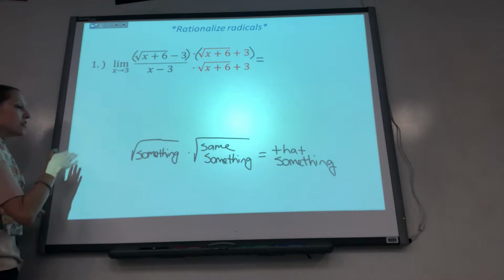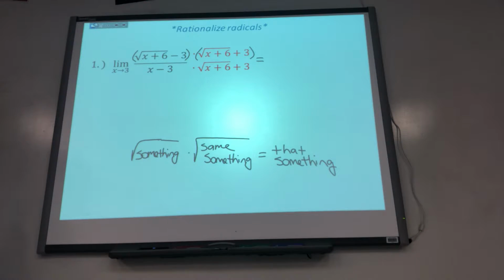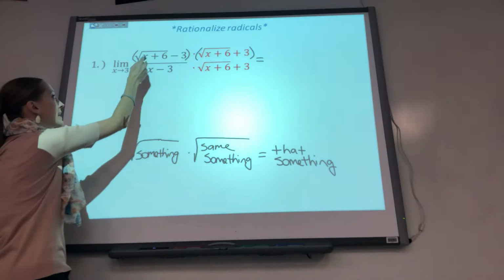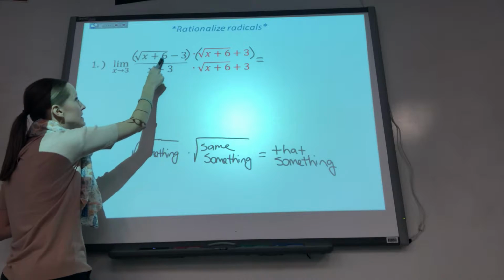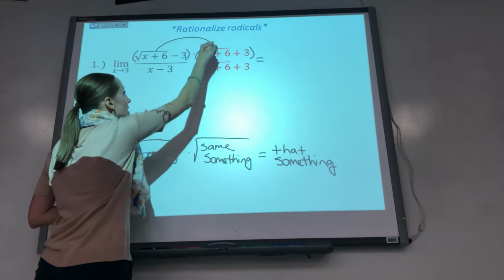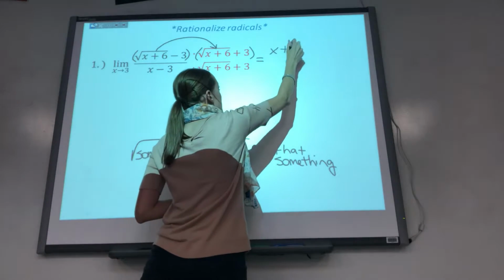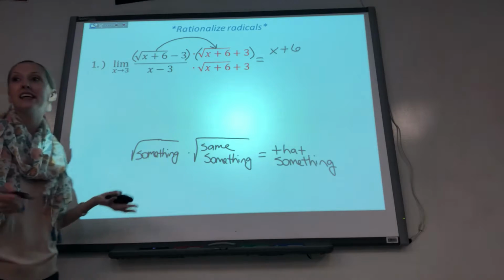And why I'm telling you that is because we're taking the square root of x plus 6 times another square root of x plus 6. So that is just going to be x plus 6.